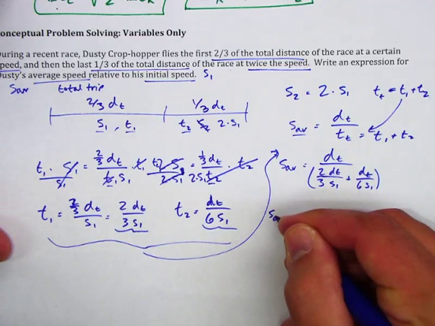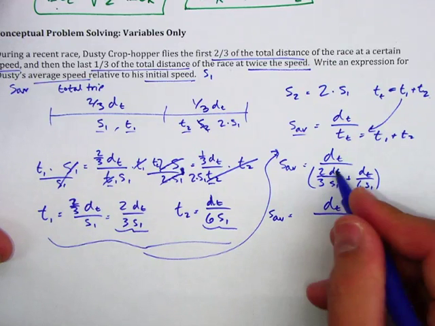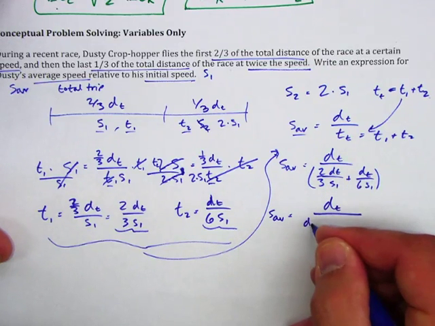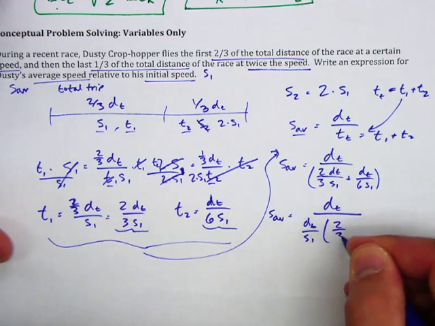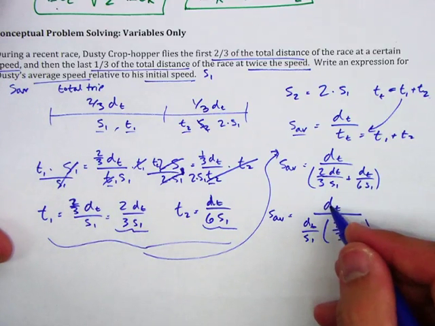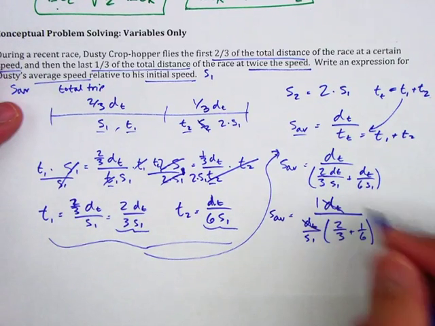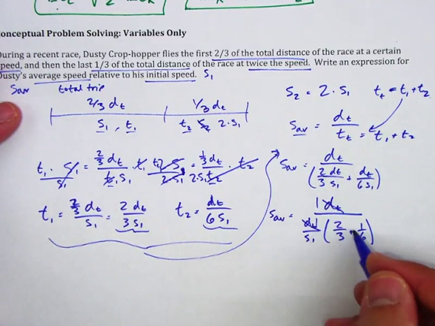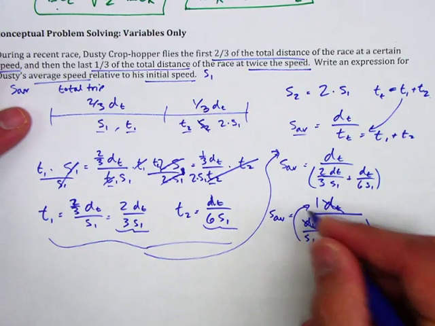So speed average equals dt over, and a dt over s1 is common, so a dt over s1 times 2/3 plus 1/6. And now I have a dt on the top, a dt on the bottom. The dt's cancel, so I'm left with 1 over s1 times 2/3 plus 1/6. Well, 1 over s1, the s1 goes to the top.